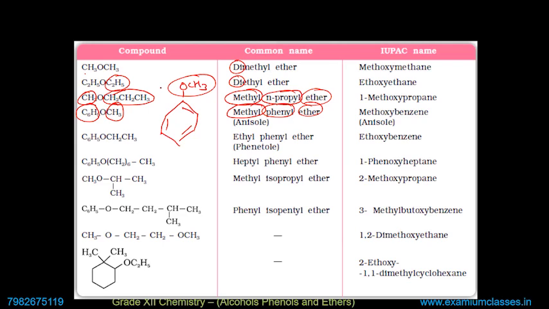The OCH3 group on a benzene ring is known as anisole. The common name is anisole or methyl phenyl ether. Then you have a phenyl group and an ethyl group, again in alphabetical order: ethyl phenyl ether, or there is another name, phenetole.